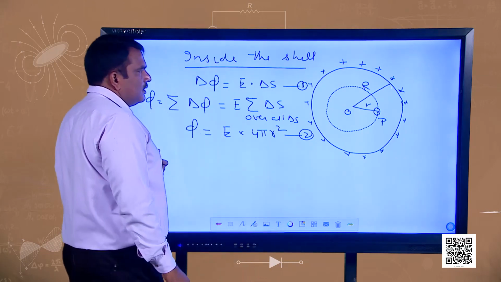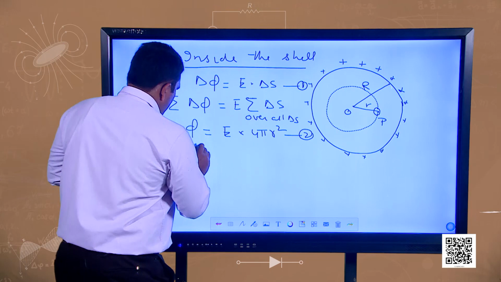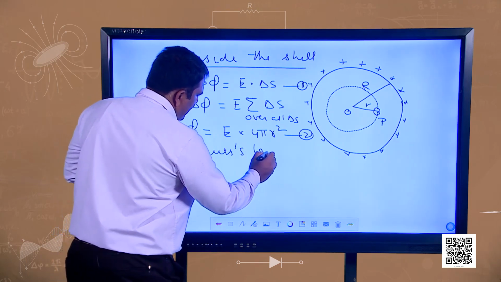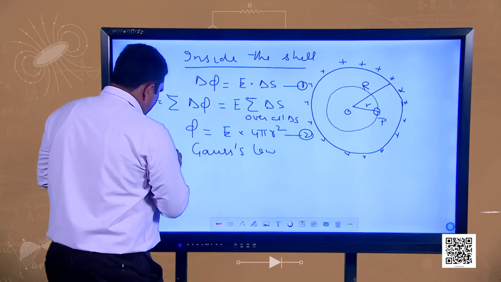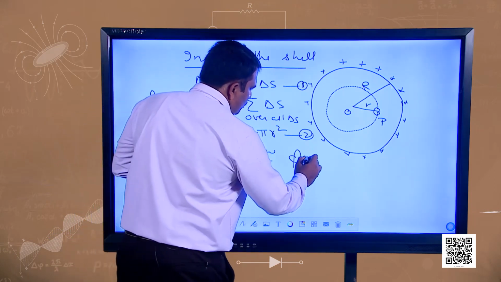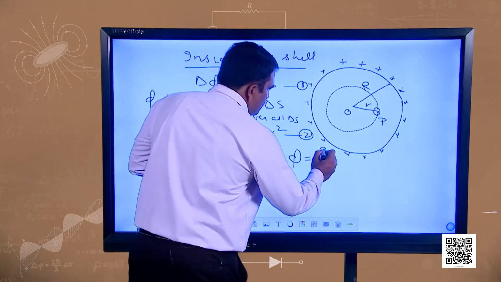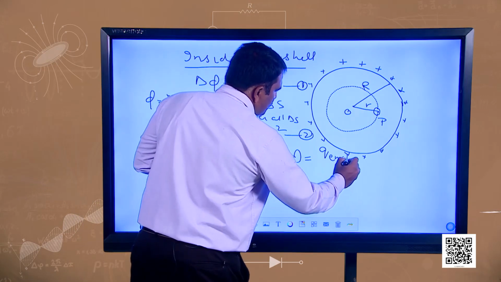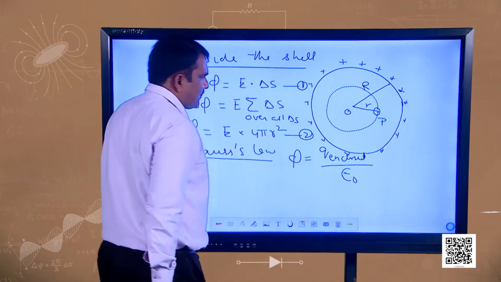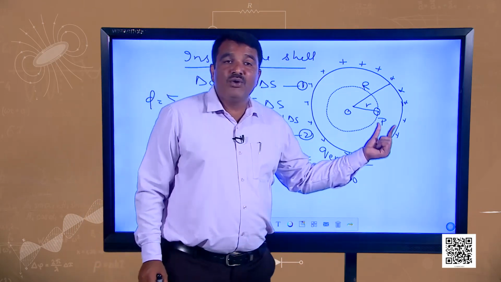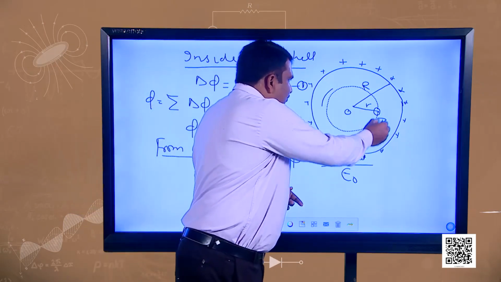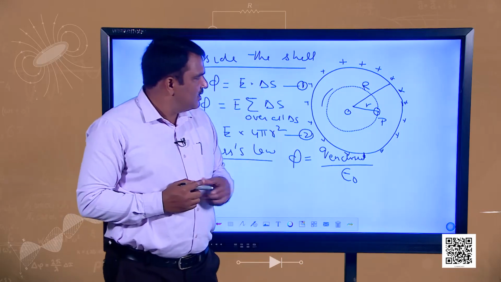Now, using Gauss's law, we know that electric flux passing through a surface is equal to the amount of charge enclosed, you can call it Q enclosed, divided by epsilon naught. Can you tell what is the charge enclosed by this Gaussian surface in this problem here?